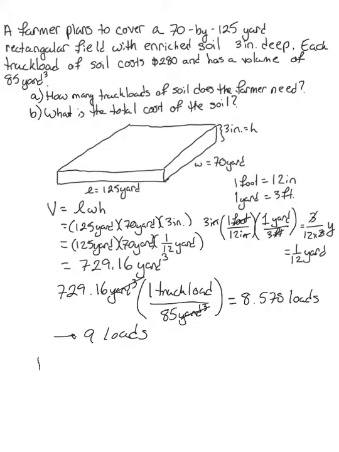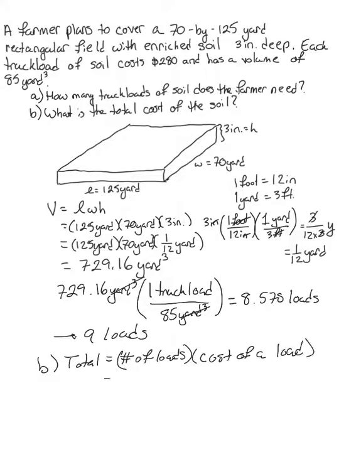Now part B is what is the total cost of the soil. So the total cost is going to equal the number of loads times the cost of a load. So that's going to equal 9 times $280.